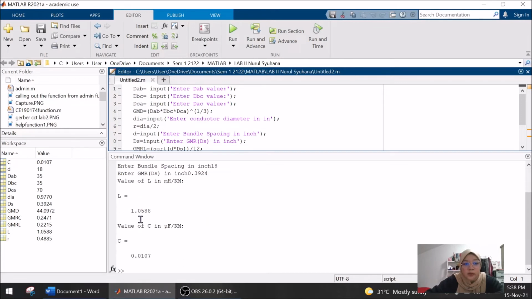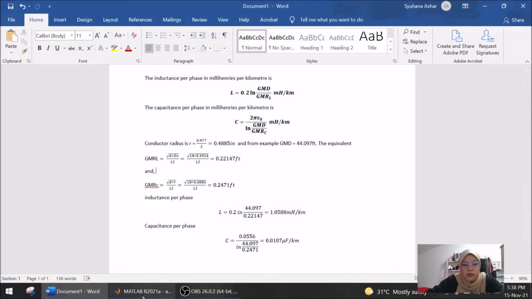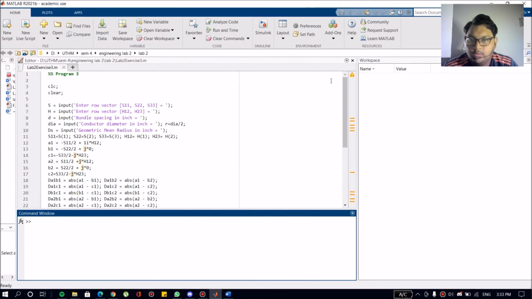The inductance is 1.0588 and the capacitance is 0.0107 in microfarad per kilometer, which is equal to our manual calculation. Here is the workspace where our data is saved. So that's all from me for this exercise. Assalamualaikum warahmatullahi wabarakatuh.